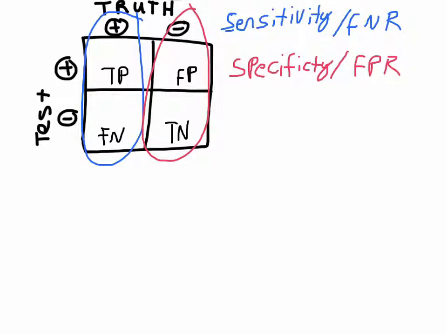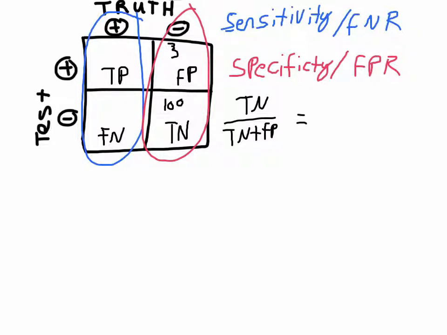Now let's take a look at a highly specific test. So in this test, 100 people who are negative tested negative, while 3 people who were negative tested positive. So my specificity is true negatives over true negatives plus false positives.